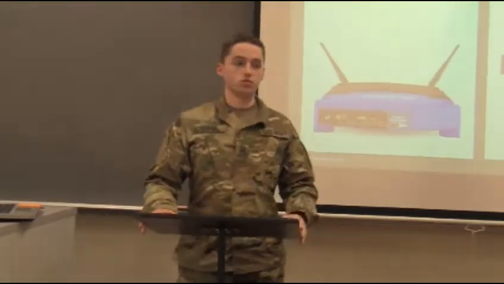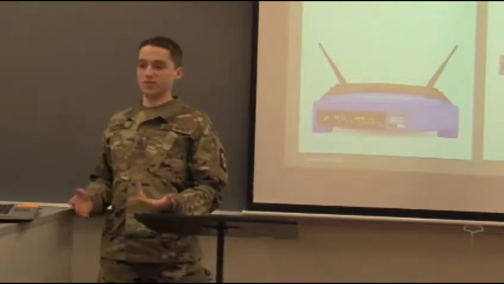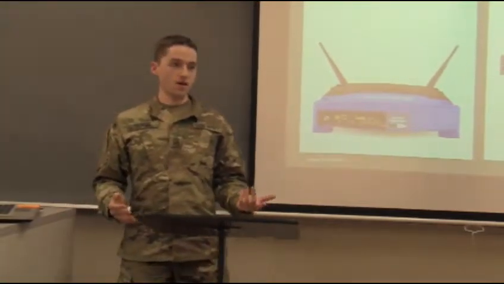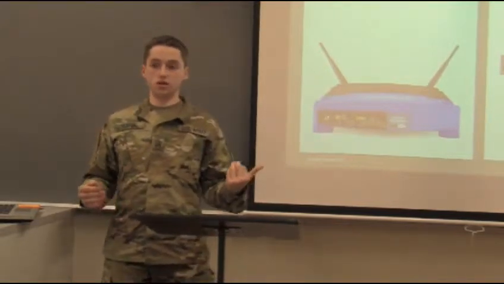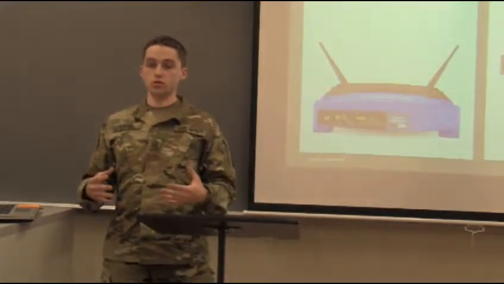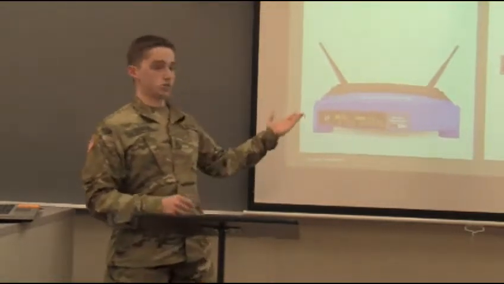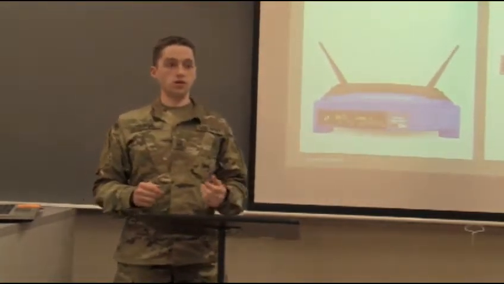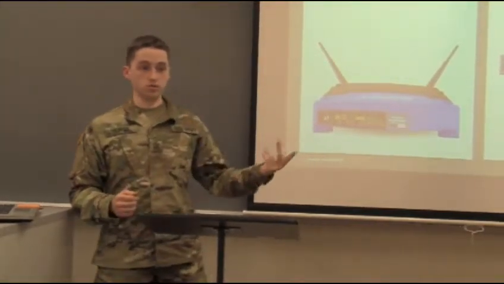Up next is routers. So as you can see here, all of you definitely will have one of these somewhere in your home. As long as you have internet, you're going to have a router. Most of these for home use also act as wireless access points, which is why this one has antennas. So you can connect your mobile devices directly to that, and then it performs its routing functions.